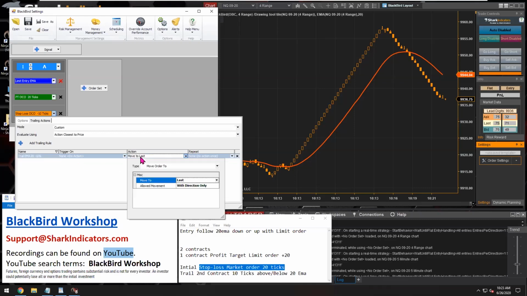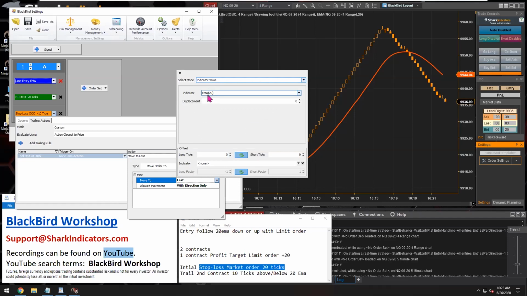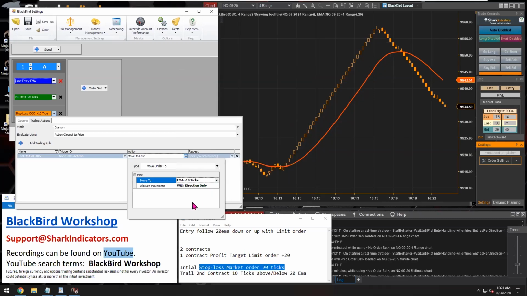So the action here is to move the order, our stop loss, to an indicator value. And there's the EMA20 for us. And we want a 10 tick offset from the EMA20. There we go. For a long trade, it'll be 10 ticks below the EMA20, like so. That's done, simple enough.